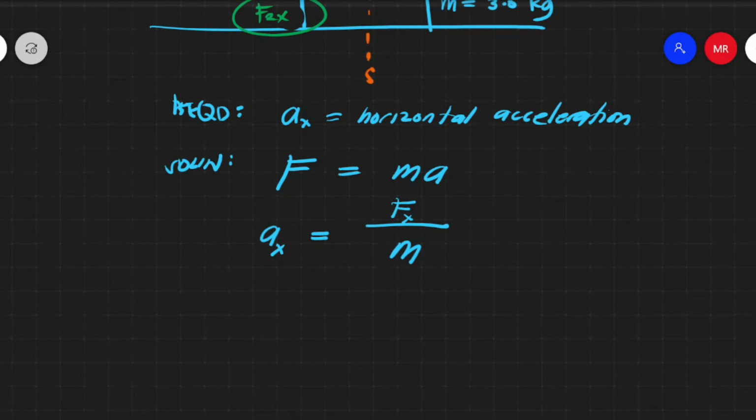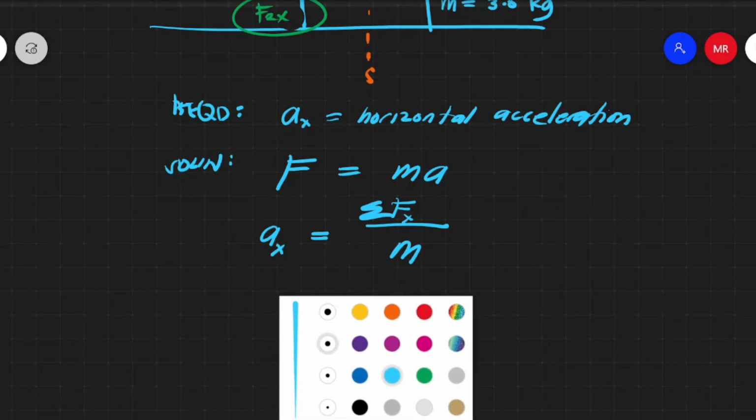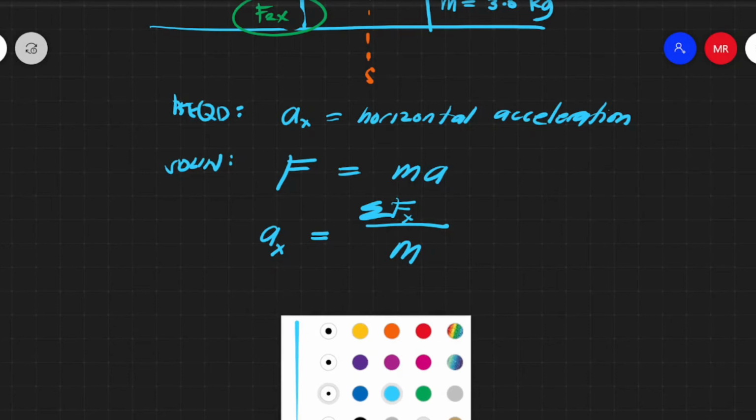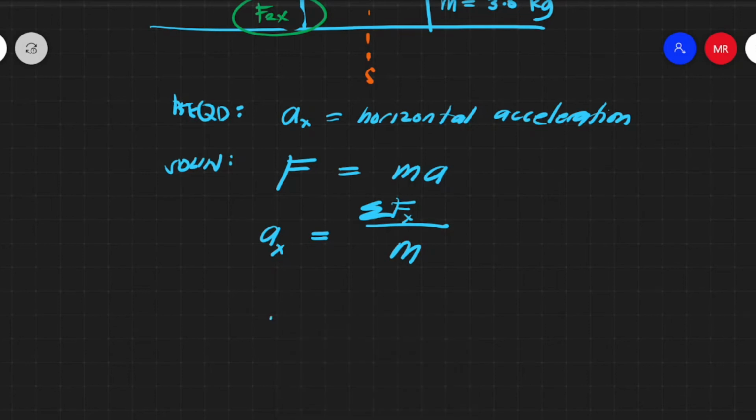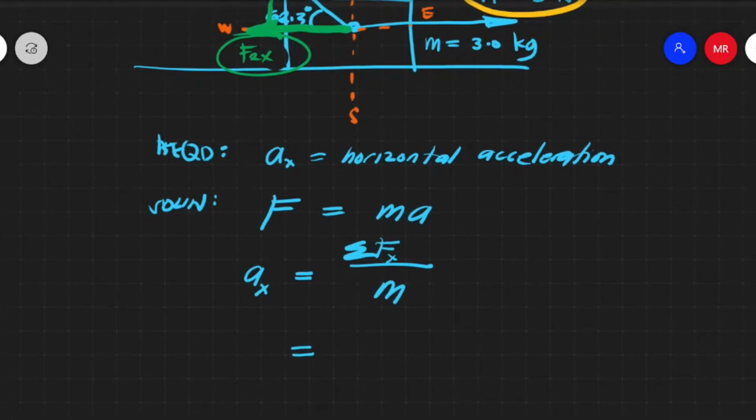So therefore, this summation of Fx, the total forces acting on the x-axis, if we put it in our equation, is just the sum of F1 plus negative F2x.